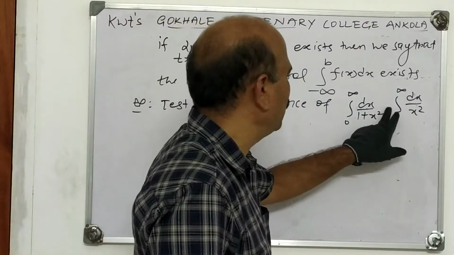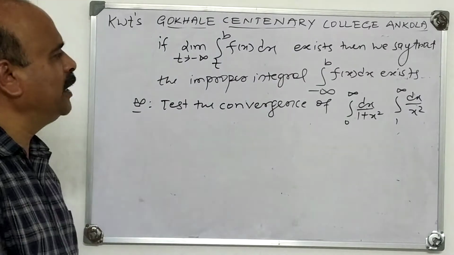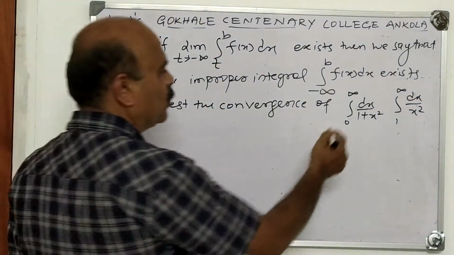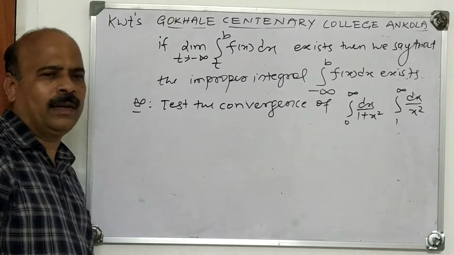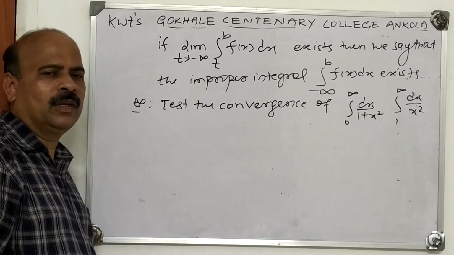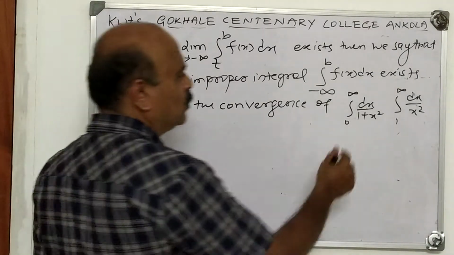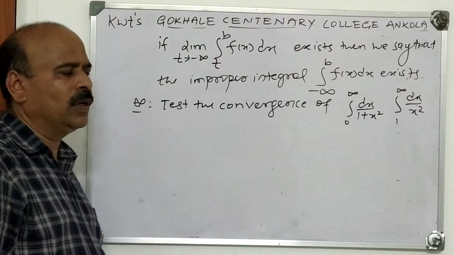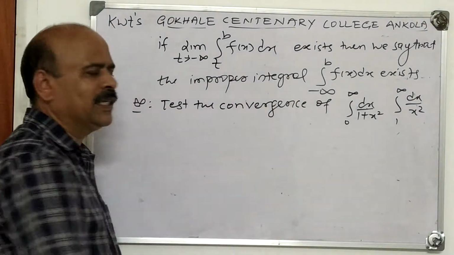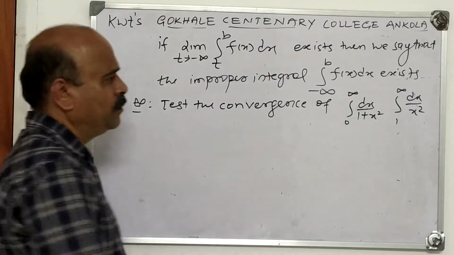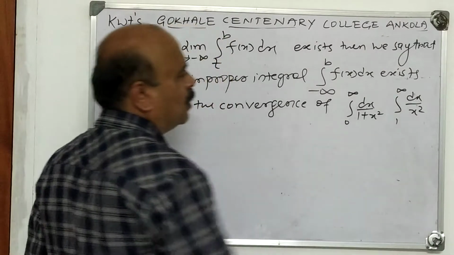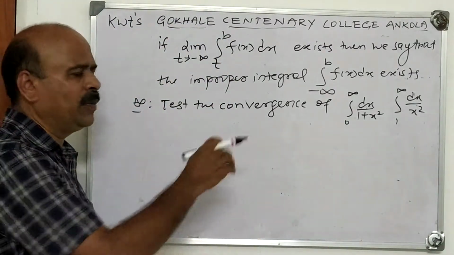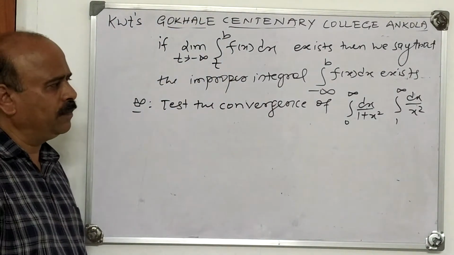See, without knowing the convergence of the integral, or even without knowing what type of integrals they are, improper, you have calculated such integrals. Now you come to know that this type of integral is called improper.